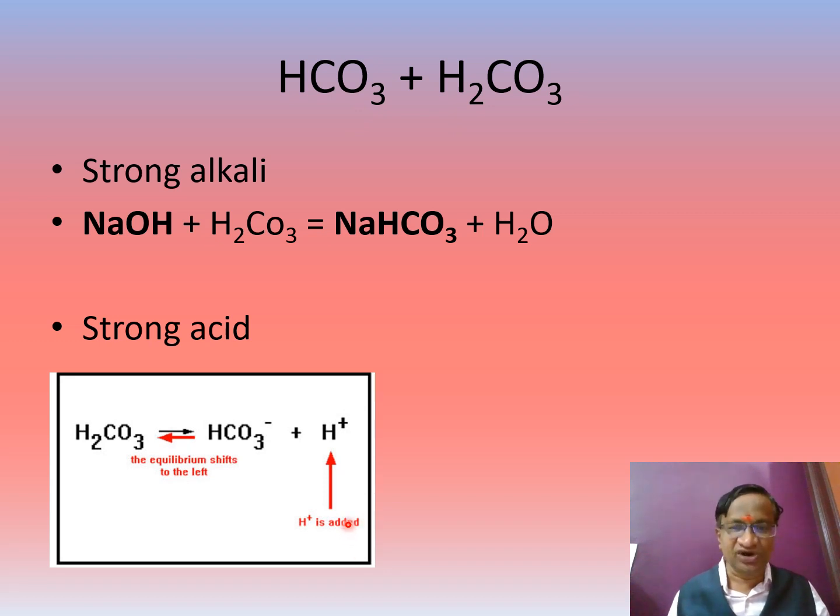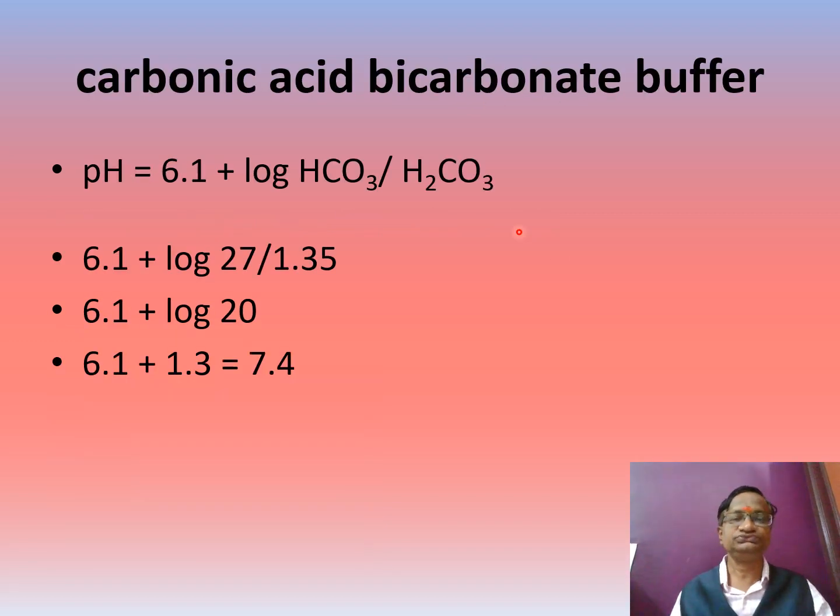If you add a strong acid, it will combine with it to become a weak acid. If you add a strong alkali, it will combine with this to become a weak alkali. So this bicarbonate and carbonic acid combination is a buffer. This is what is called the log of HCO3 over H2CO3. If you combine this, the pH is 7.4, the normal.